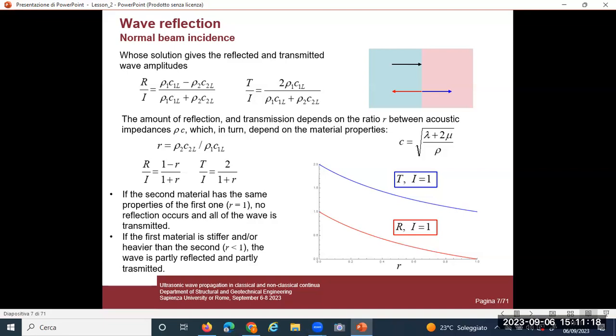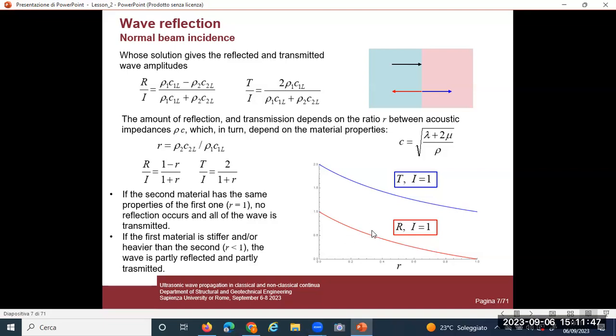This product is called acoustic impedance, and it depends on the material properties. So all these quantities, as you see, can be expressed as a function of the ratio of the acoustic impedances of the pink and of the blue material, so that we can derive expressions like that.